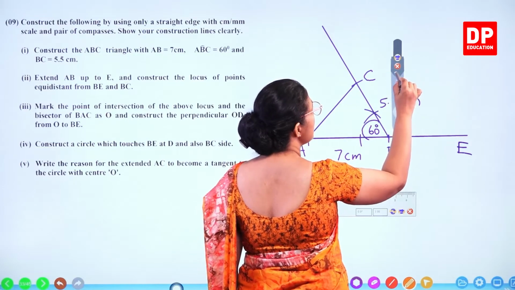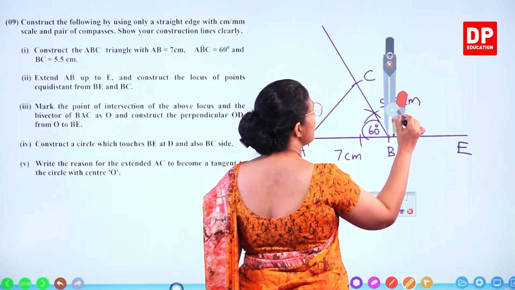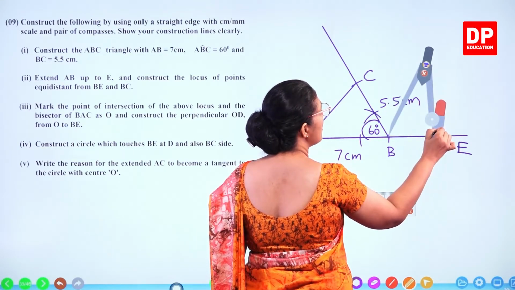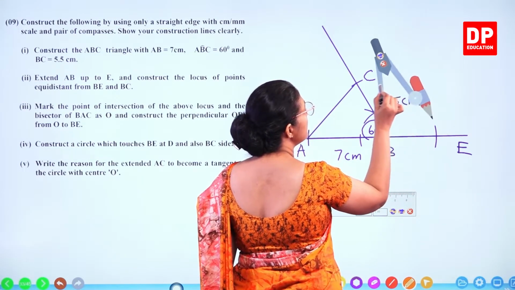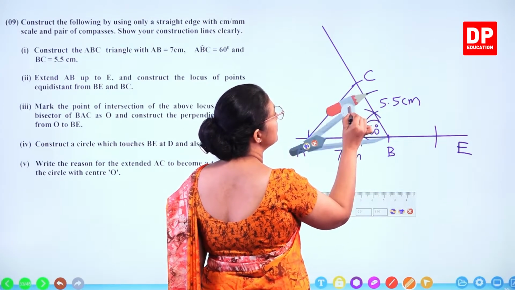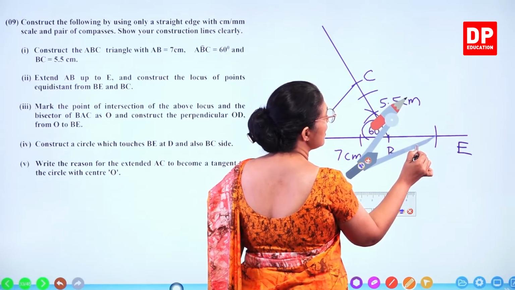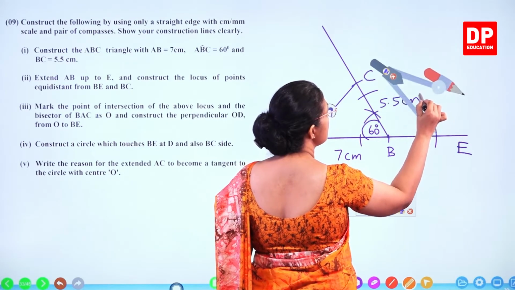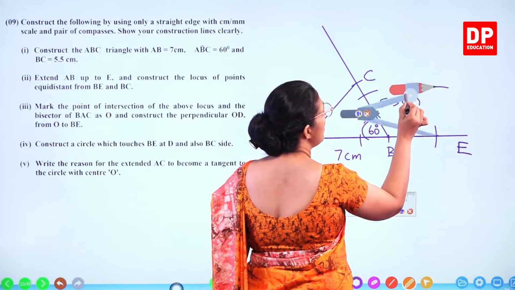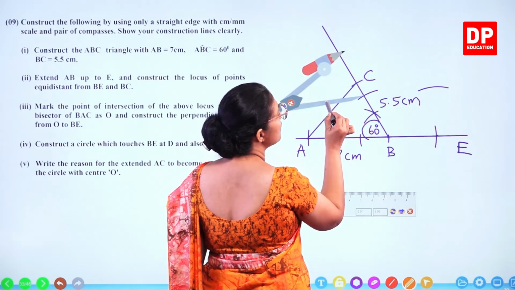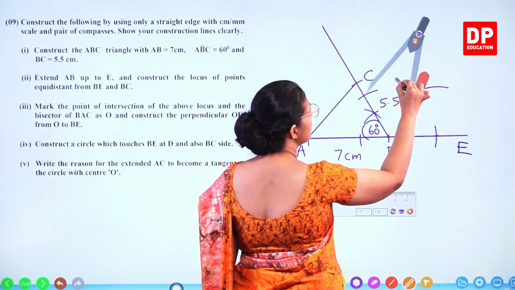So how you bisect the angle? You can take any length. And then you mark that one here and here. And you can take the same distance or you can take a longer distance. I'll take the same distance and you can mark the arc in the middle. You have to do the same thing for the other arc.